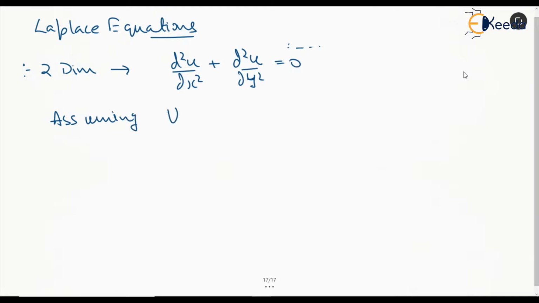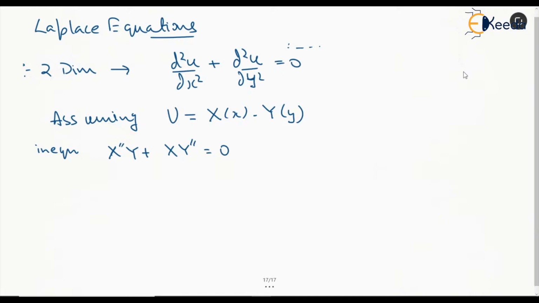So assuming that u is a function of x times a function of y, u = X(x)Y(y), then in the equation the second partial derivative with respect to x will be X''Y plus XY'' equal to 0.